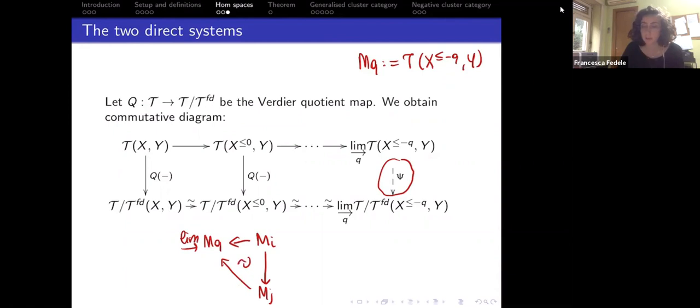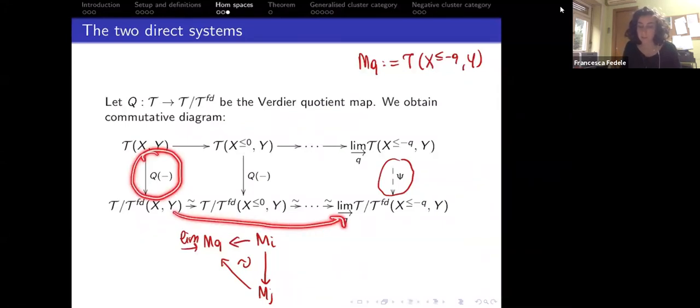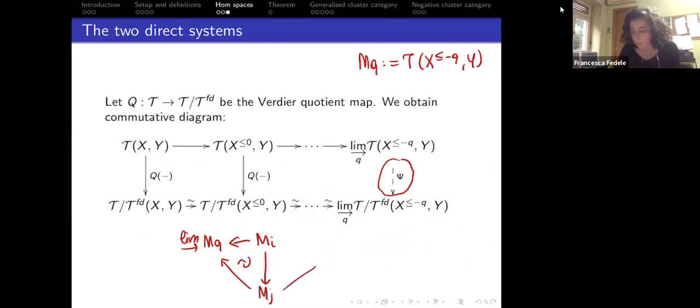And then we can also obtain maps from these, what we're calling MQs, to this other limit by just composing our Q map with the map going to the limit, and you can do it at any step. And then thanks to commutativity, everything commutes nicely.